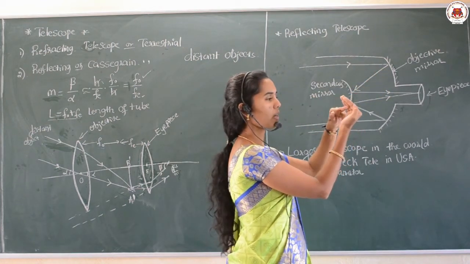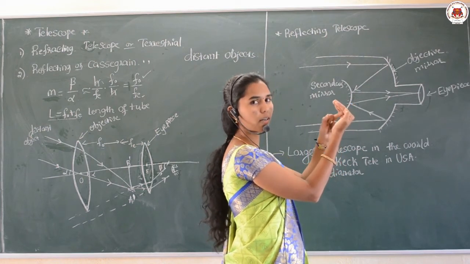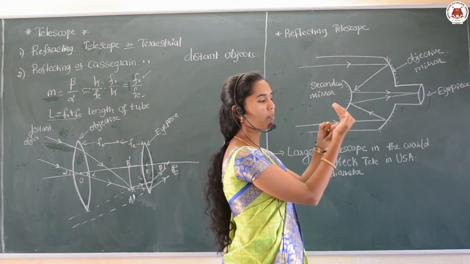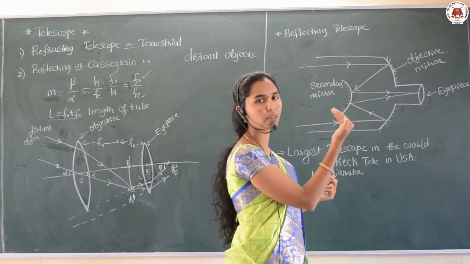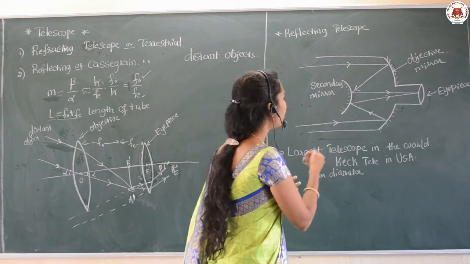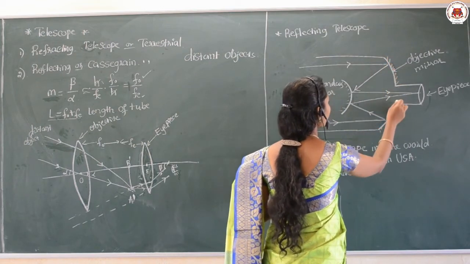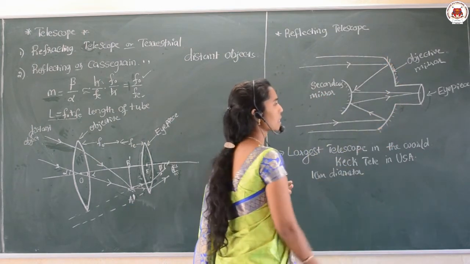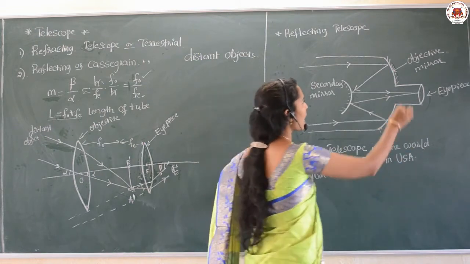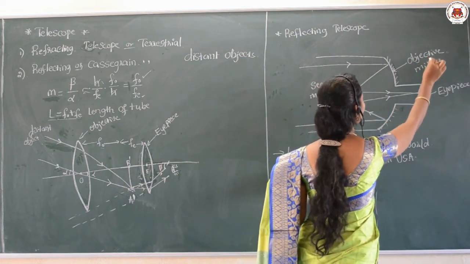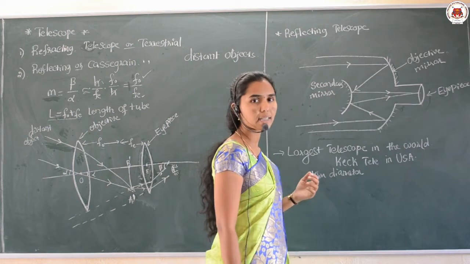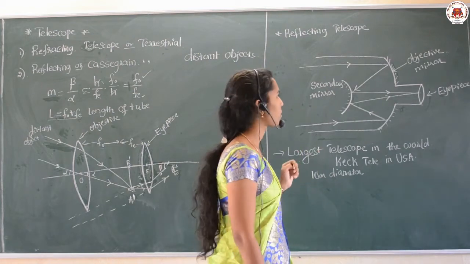Its reflecting face is inward, or its reflecting face is toward the center of curvature, right? This is the concave mirror we use in the reflecting telescope or Cassegrain telescope. This acts like an objective mirror.